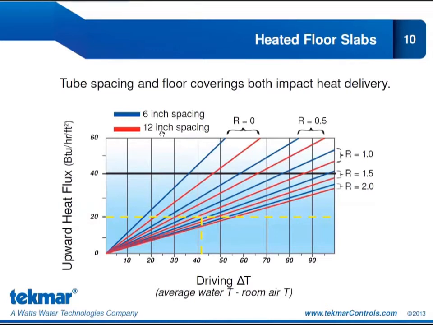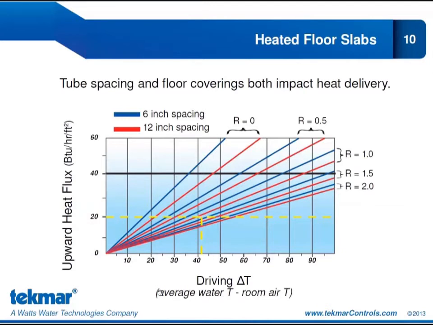So we're going to take a look at how this tube spacing and the R value are going to affect the upward heat flux for a variety of different delta T's. Now the delta T is the average water temperature minus the room air temperature.